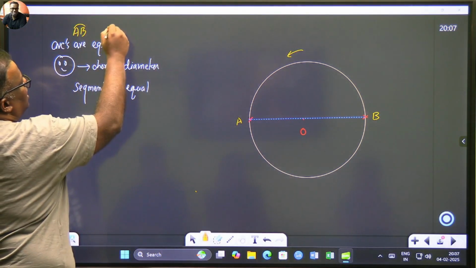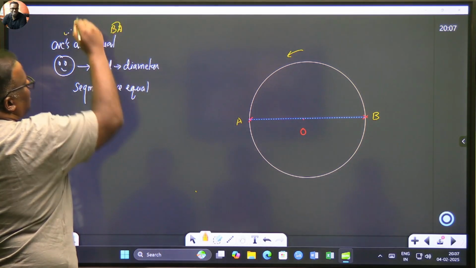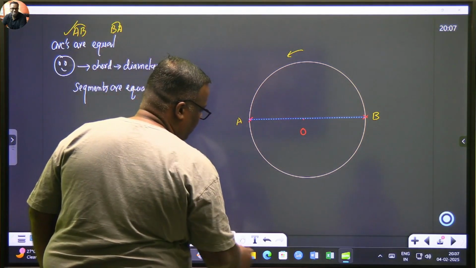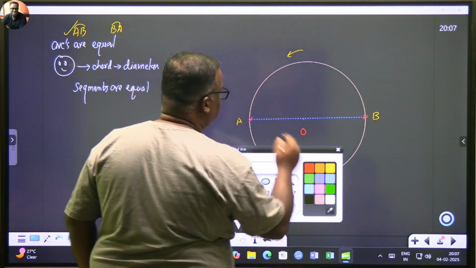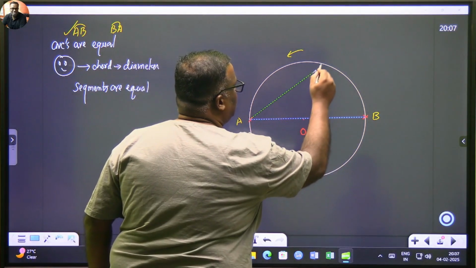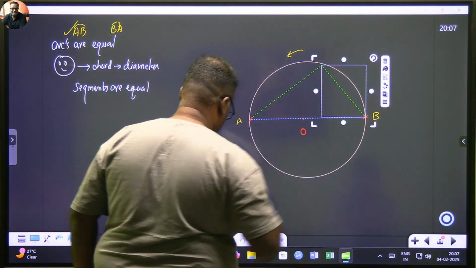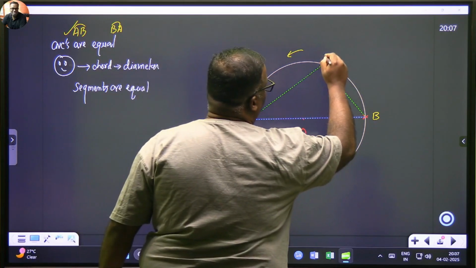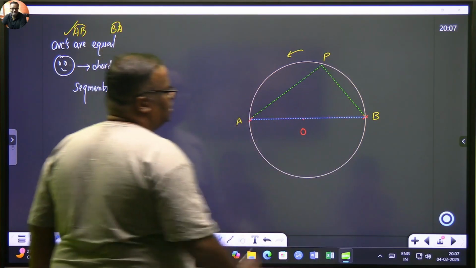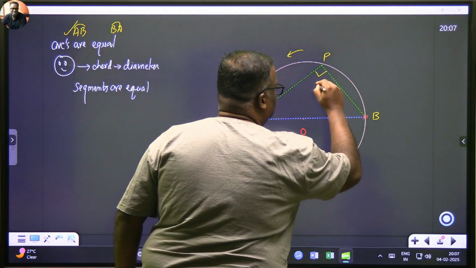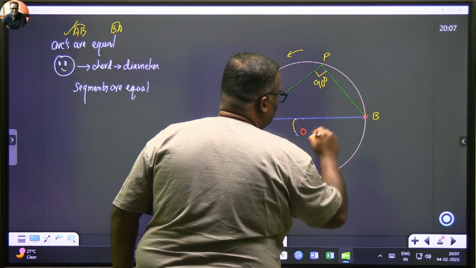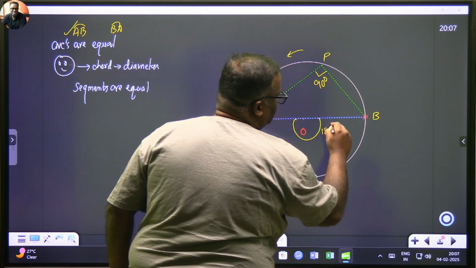You can also take BA, but I am proceeding with AB. Doesn't make any difference. Let us take any other point. So my any other point is now a point P. Do you agree? This has to be 90 degree because this angle is 180 degree.